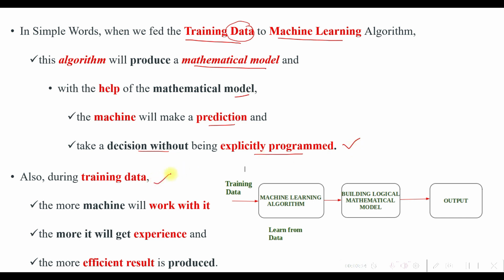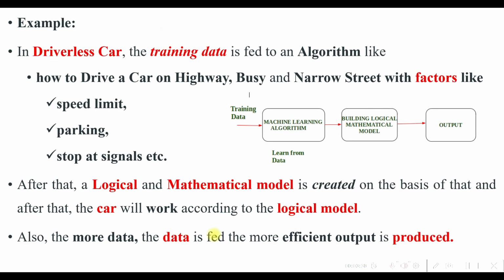The more the machine works with the training data, the more experience it gets, and the more efficient the results it produces. That means if you train the model more efficiently and for longer, we automatically get more efficient results. For example, in a driverless car, the training data is fed to the algorithm, like how to drive a car on highways and busy, narrow streets, with factors like speed limit, parking, and stopping at signals.